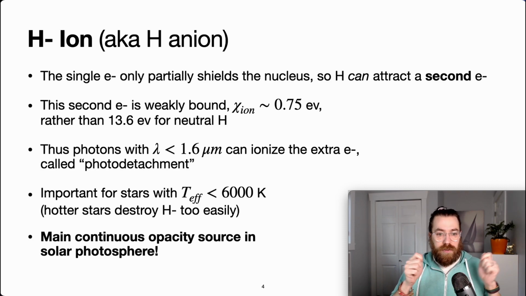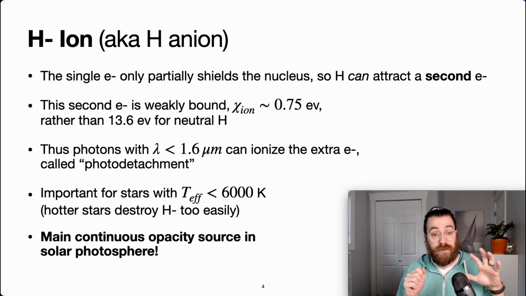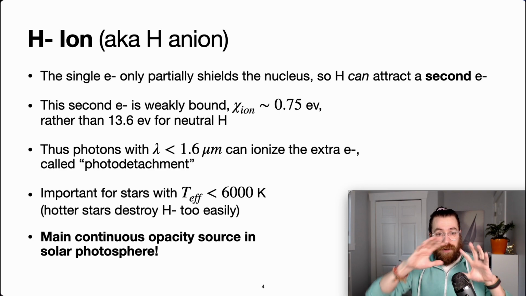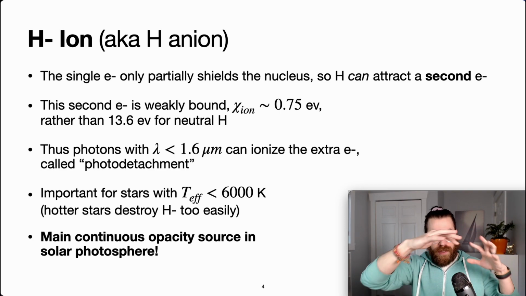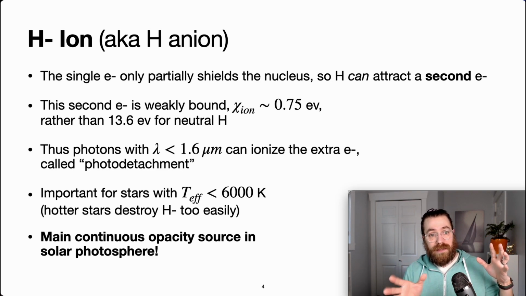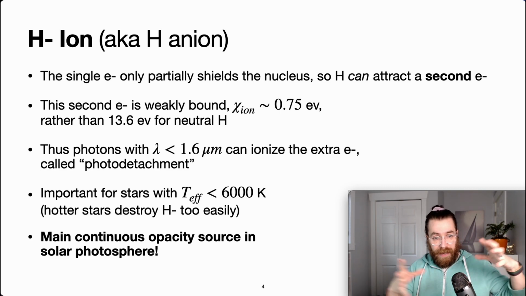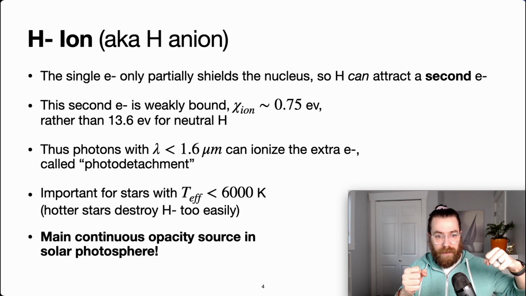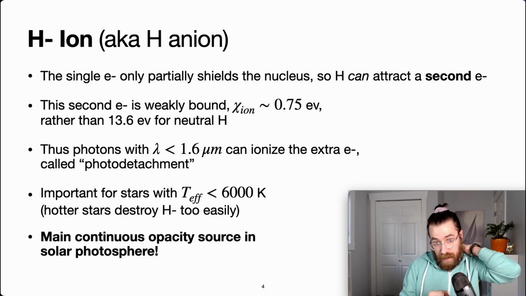So in its neutral state, the electron doesn't fully shield the proton, doesn't fully shield the nucleus. And so you can have the cloud of the electron sitting on one side of the nucleus, and there's electromagnetic potential on the other side that can attract a second electron. It doesn't pack in uniformly. It doesn't look like an oxygen molecule cartoon.